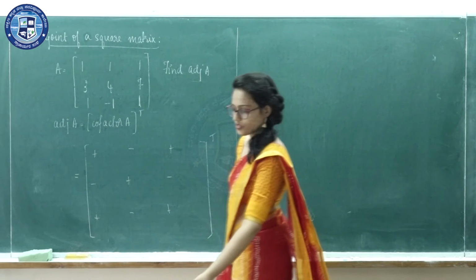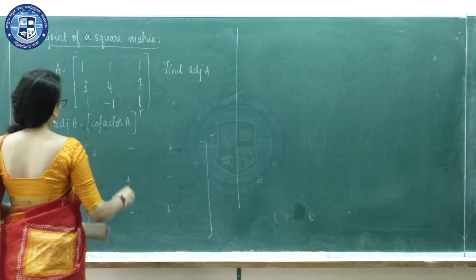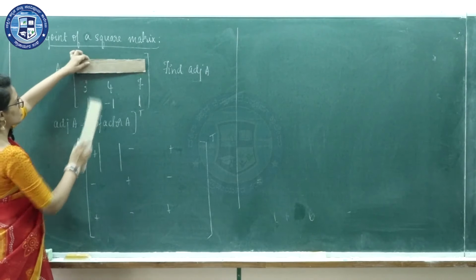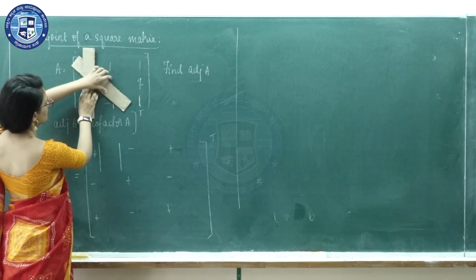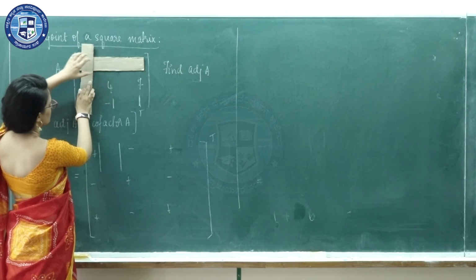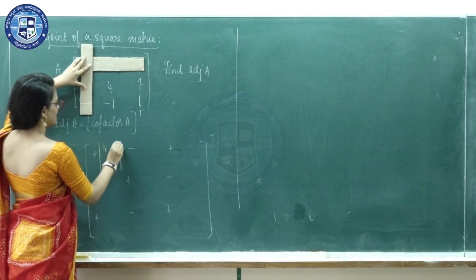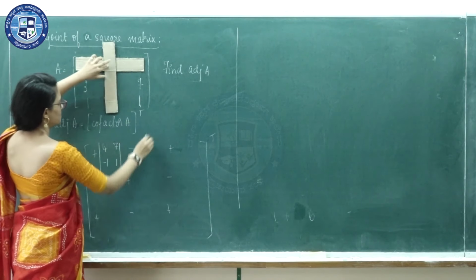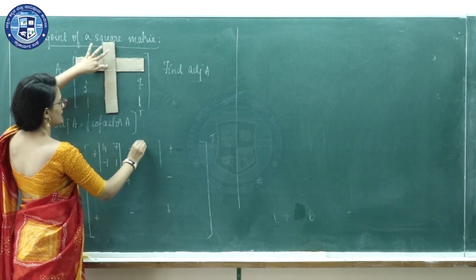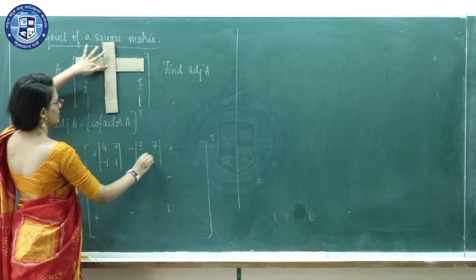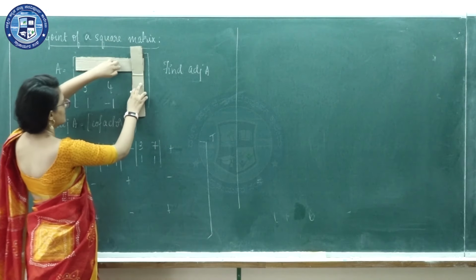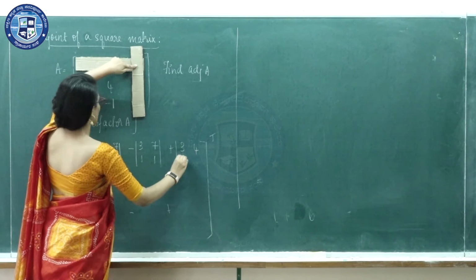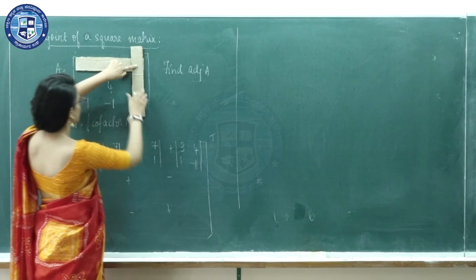Okay. Now let's fill in the terms. So we have the determinant of, delete the first row and first column. So we have 4, 7, minus 1, 1. Next term 3, 7, 1 and 1. Next term 3, 4, 1, minus 1.